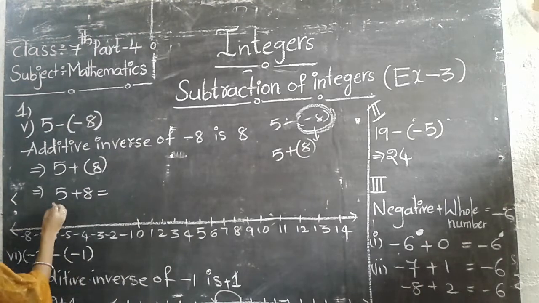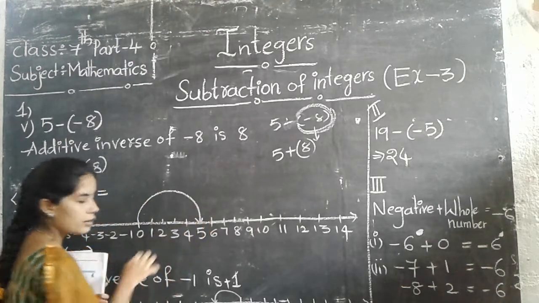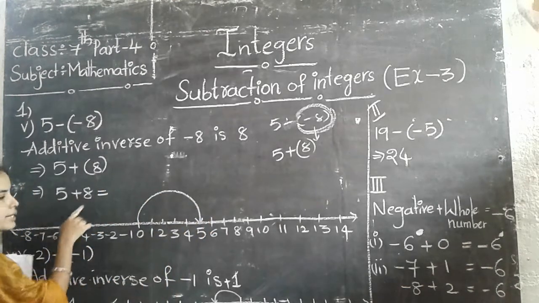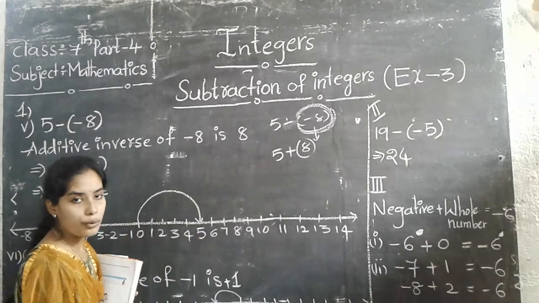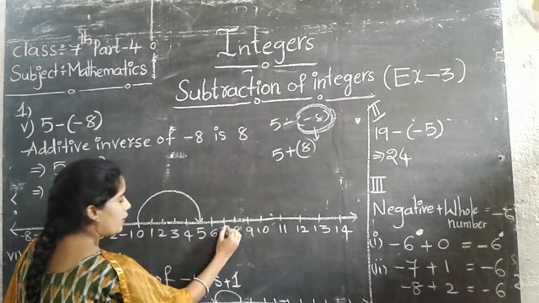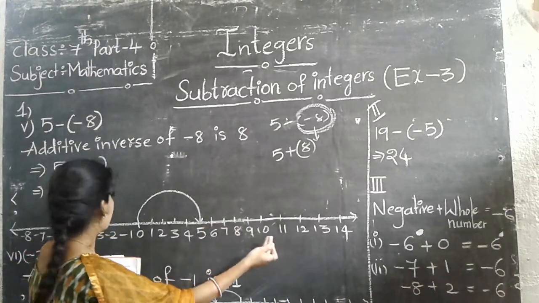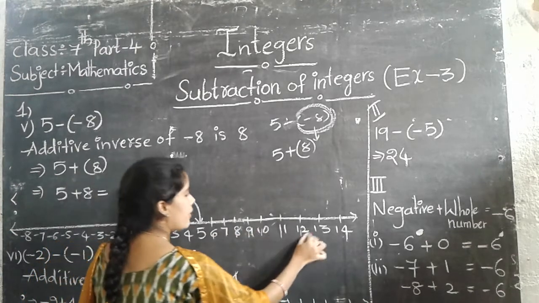So how do we have to do? First digit is 5, from 0 to 5. Two numbers are positive numbers, so we have to move to the right side of 0. 5. Then after 5 we have to count 8: 1, 2, 3, 4, 5, 6, 7, 8.